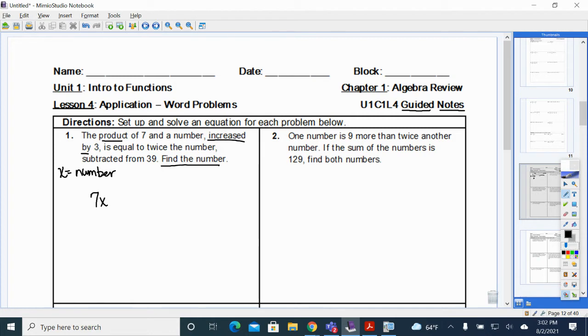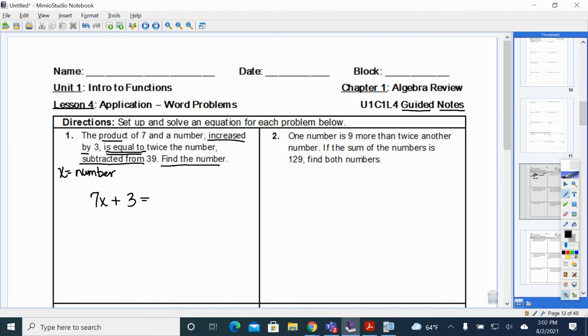Increased by means to add. So we're adding 3. Then it says is equal to, we're going to write an equal sign, twice the number subtracted from 39. So when it says something like twice the number, that means 2 times. So that means 2x. But it does say that it's subtracted from 39.